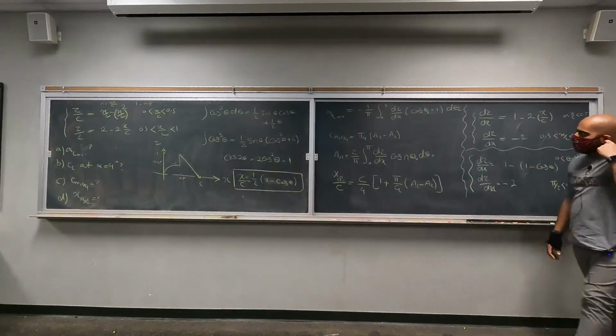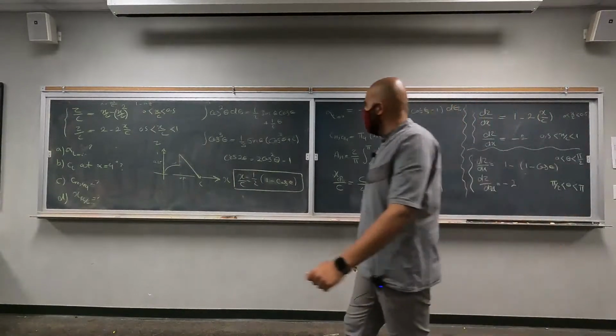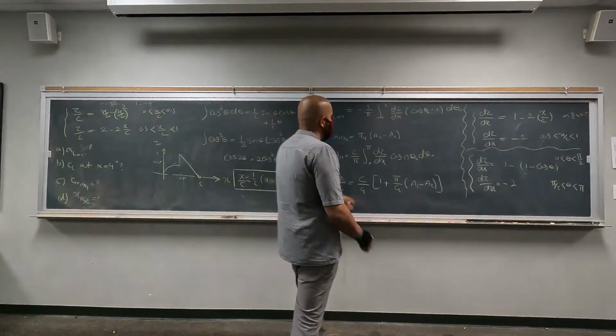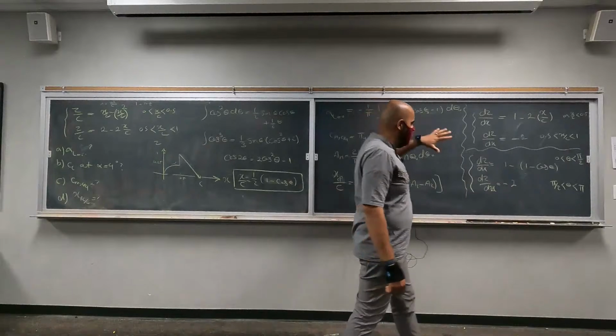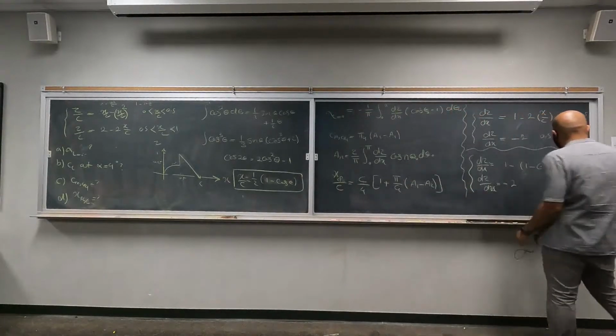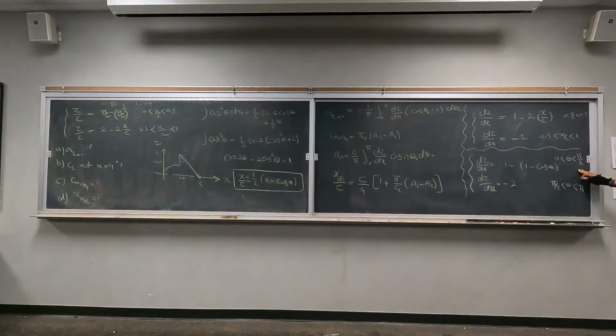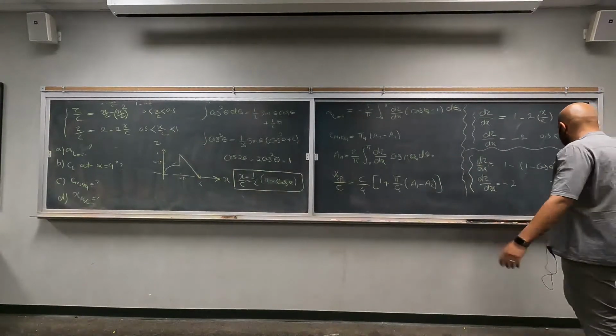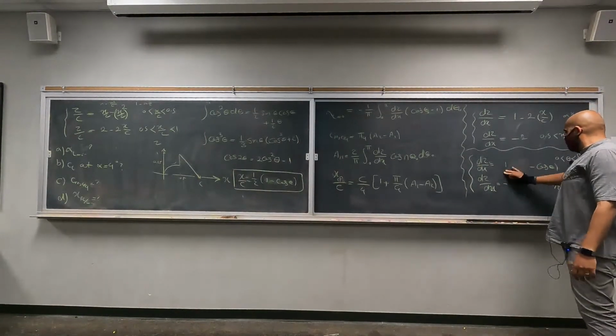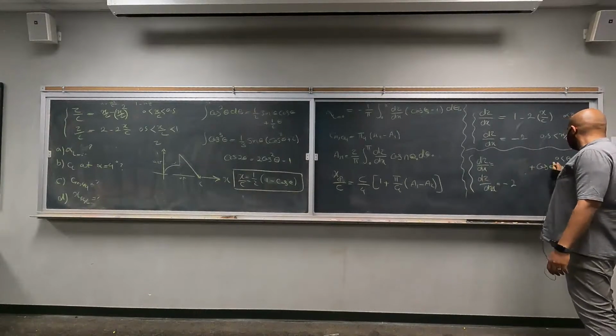That's it. The thing is, you have from 0 to pi, you have 2 different equations. So you want to take the integrals from 0 to pi over 2 first, and then from pi over 2 to pi. Something to keep in mind is that this equation will simplify to plus cosine of theta.